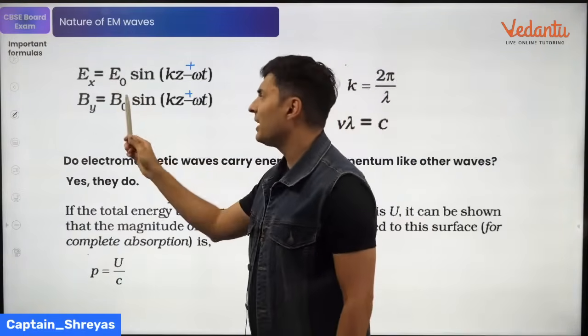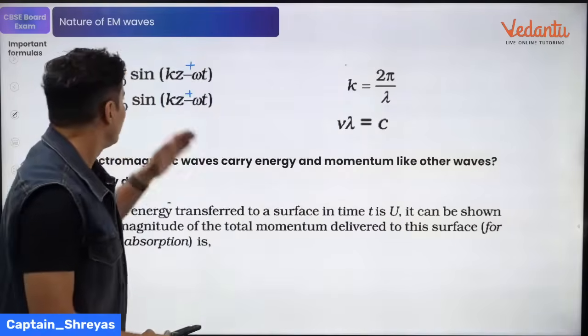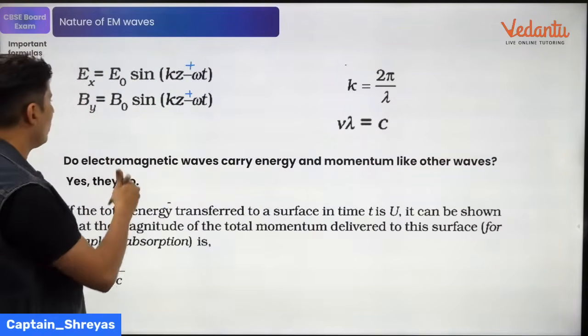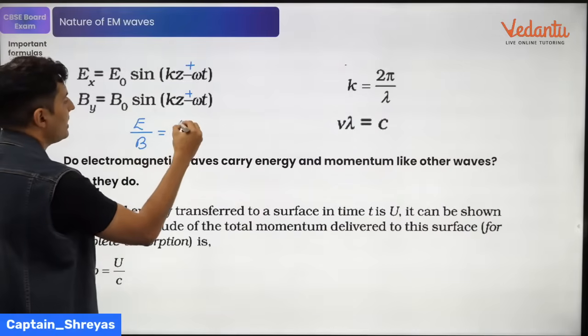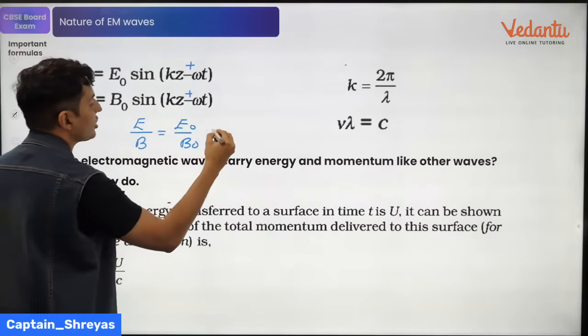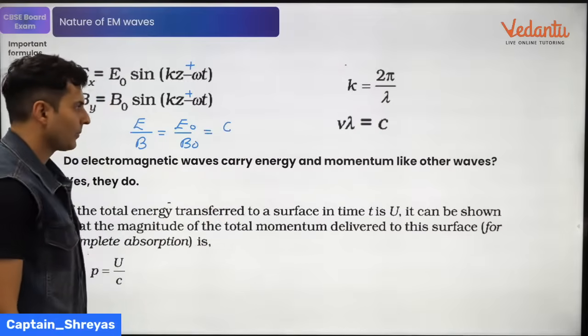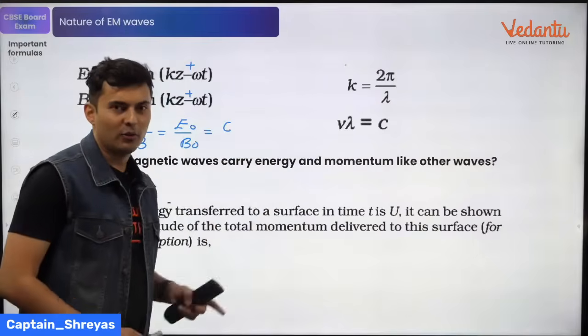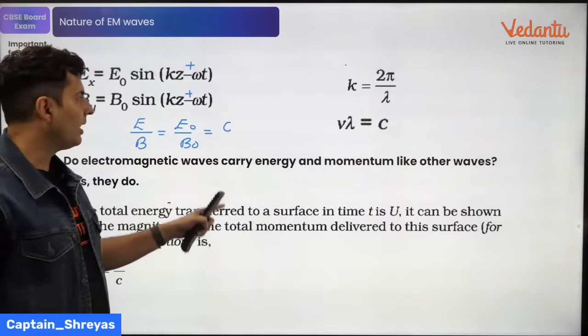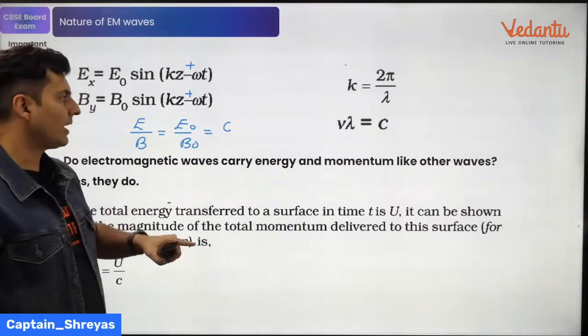Now, if you divide the electric field and magnetic field equations, sine and sine will cancel. So what you will get is E by B equals E naught by B naught, and this quantity is the speed of light. Yep, a very, very important formula. You should know this formula. The speed of light is electric field by magnetic field.